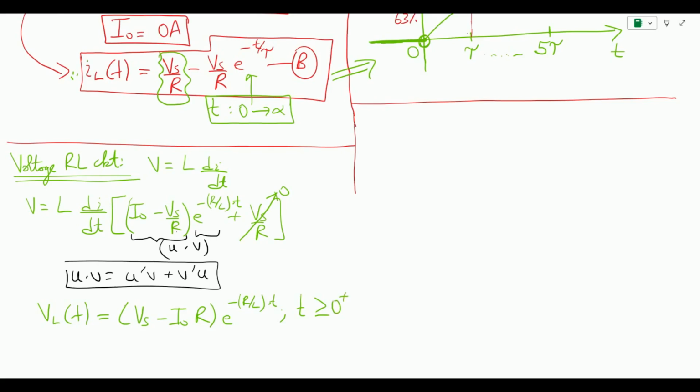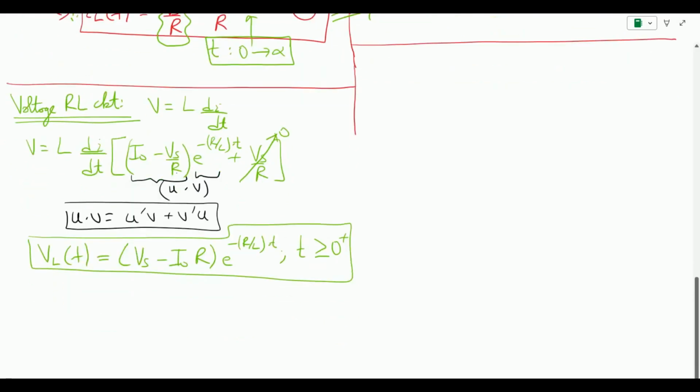So this is the voltage equation that we are going to get for the inductor. And if you want to further simplify this equation by considering I naught equal to 0 amps, so this is my equation C. This equation can be further simplified to Vs e raised to the power minus R by L into t. So this is equation D.